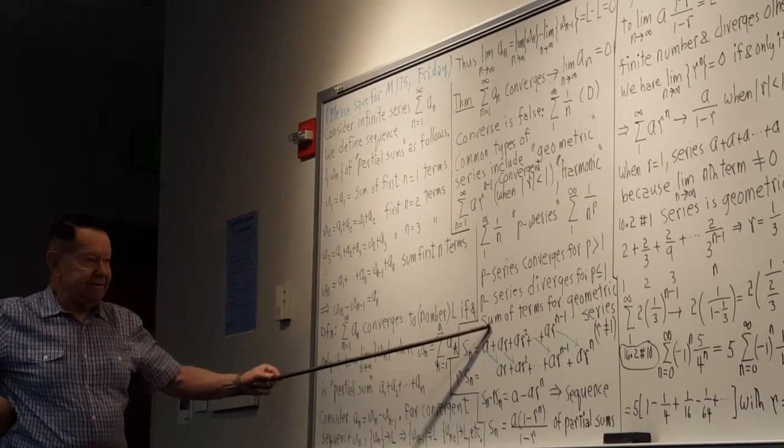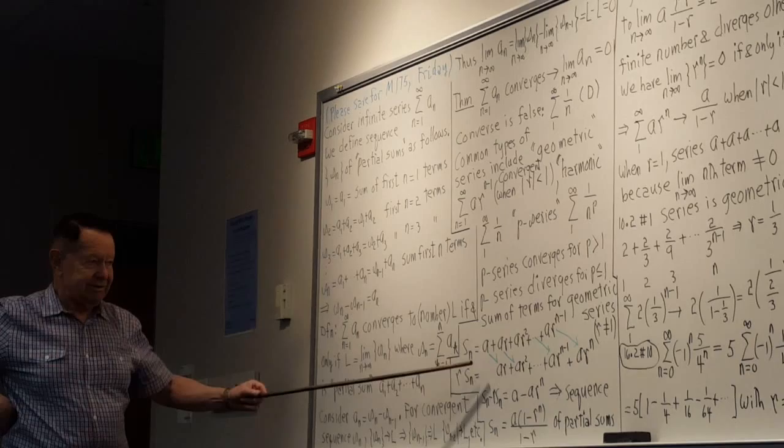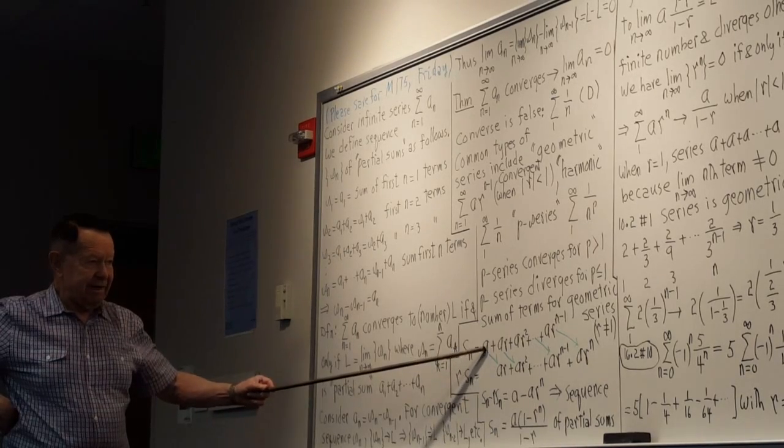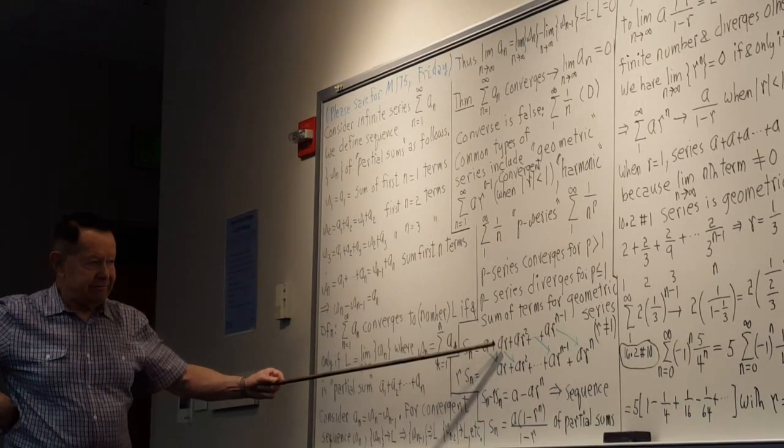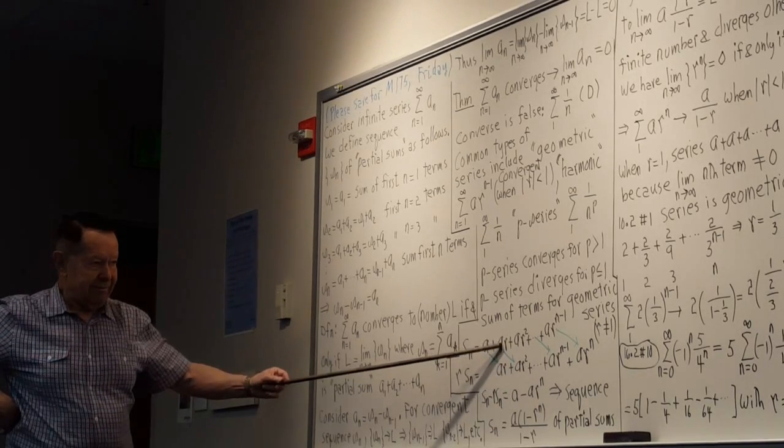Okay, so back to the geometric series, as it's called. It's called geometric if there is a fixed ratio, r, between a term and the next one.